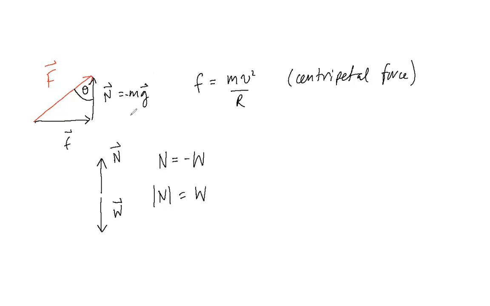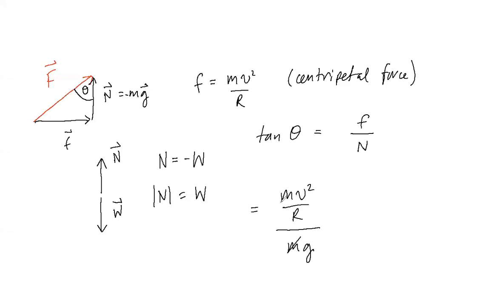Okay, and so basically what we're talking about is that the tangent of this angle is going to be the magnitude of this vector divided by the magnitude of this one. So we would say that the tangent of that angle is going to be F divided by N, which is equal to mv squared over R divided by mg.